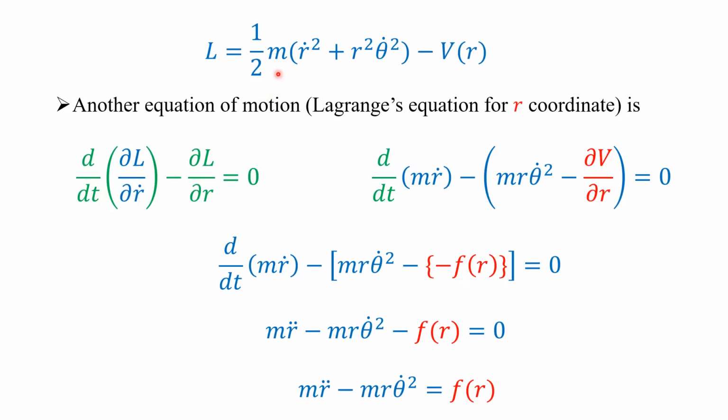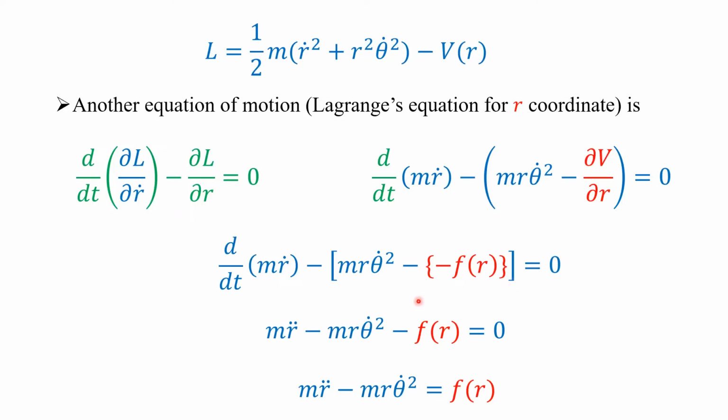First you differentiate the second one with respect to r, then this will become 2 r theta dot squared, so the 2 will get cancelled. Here there is one m, so this will become m r theta dot squared. Of course, the third term, minus delta V over delta r. Now you can write delta V over delta r as minus f of r.